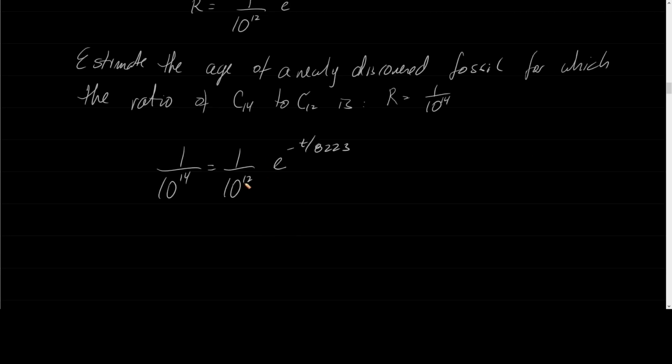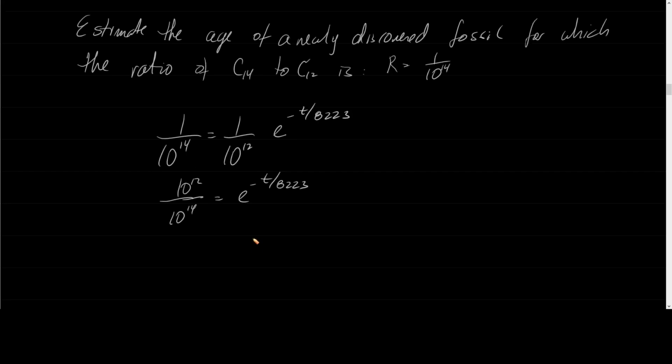Well, what are we going to do? I'm going to multiply this 10 to the 12th up here. So I have, well, 10 to the 12th over 10 to the 14th is equal to e to the negative t over 8,223. But 10 to the 12 over 10 to the 14th is really 1 over 100. And we have this equal to e to the negative t over 8,223.